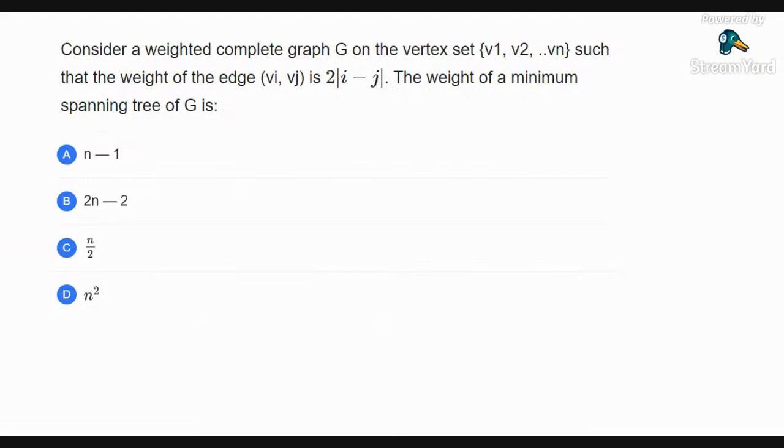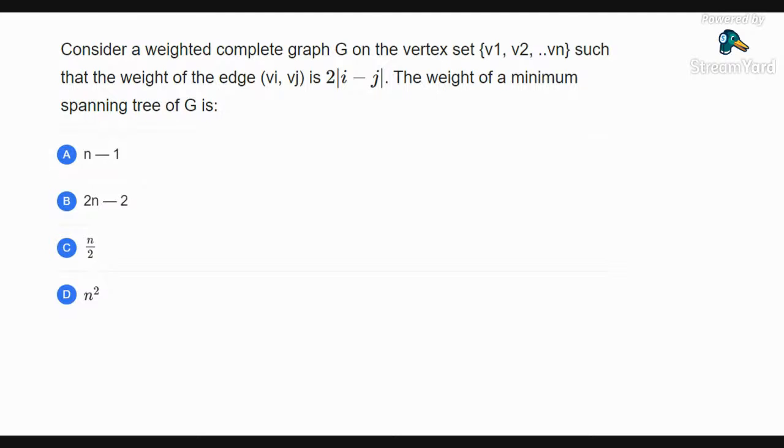Then next one, consider a weighted complete graph G with n vertices v1, v2 up to vn, such that the weight of the edge vi vj is equal to 2 times |i minus j|. Here you can consider what will be the cost of v2 v4. See, v2 and v4 is connected.